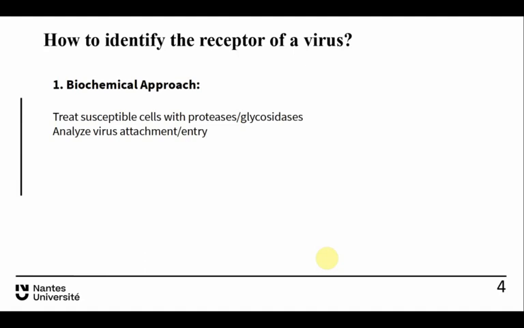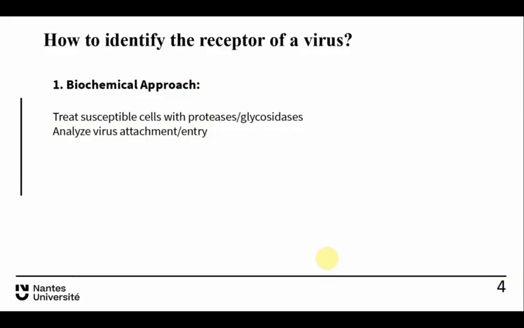So what you can do is get the cells that are susceptible, which viruses can bind and infect, and you can treat them with proteases or glycosidases. If the cells can't bind anymore after protease treatment, then your receptor is a protein.